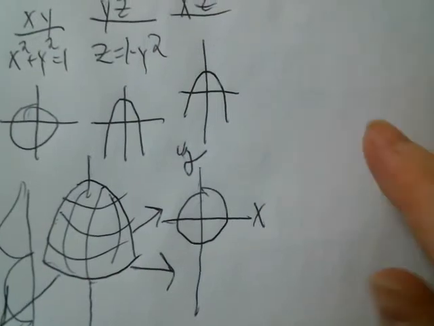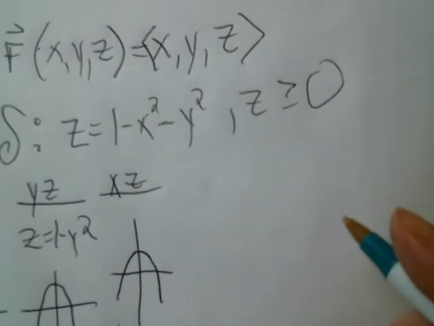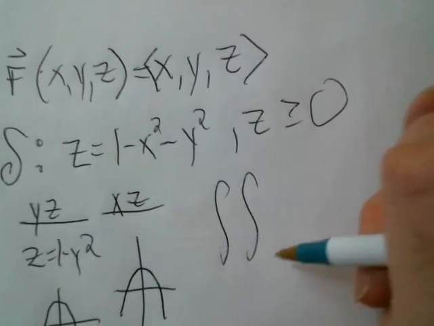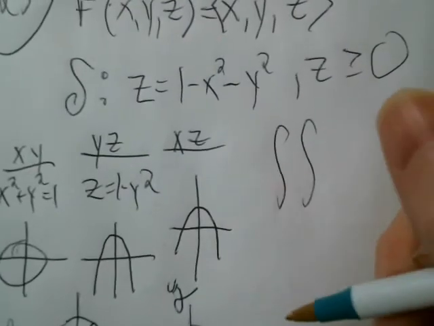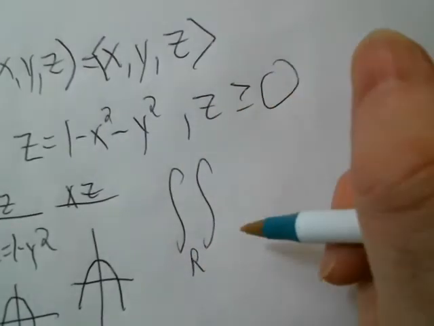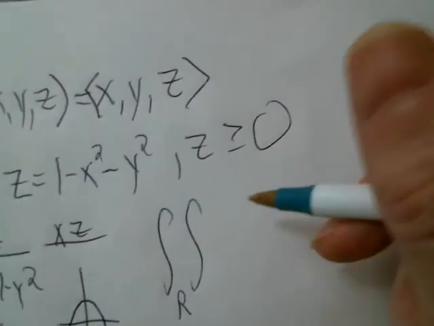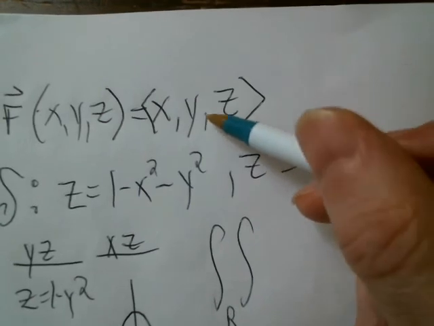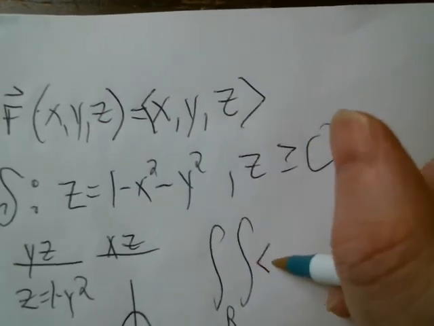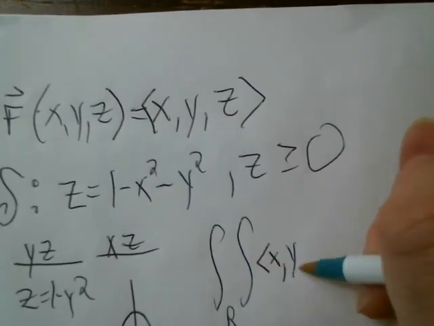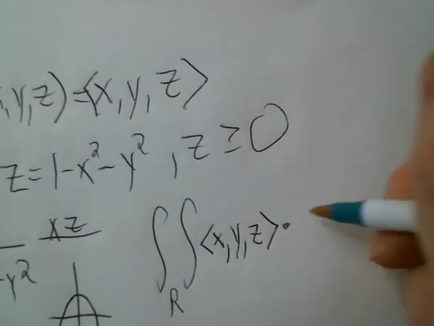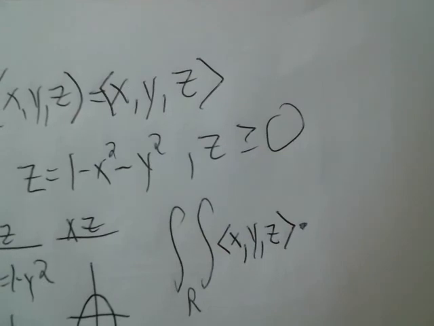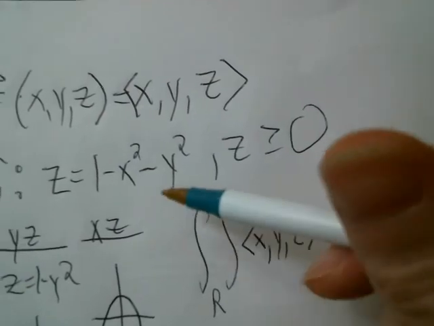Okay, all right. So I need to build my integral now. I'm integrating over this region. I'm not going to get too carried away with the region yet, because we're going to use polar coordinates. So I have my force vector x, y, z, and I'm dotting it with the gradient of g.